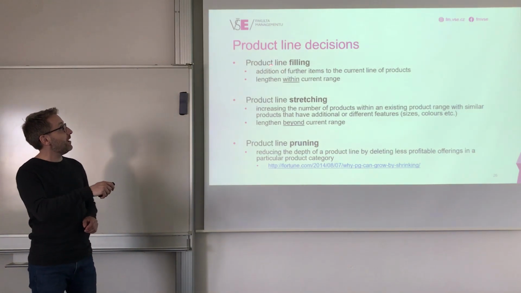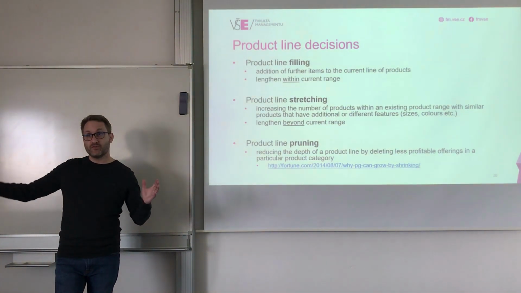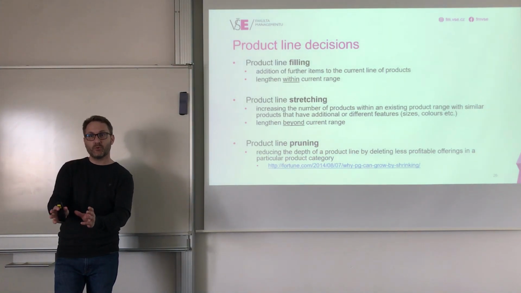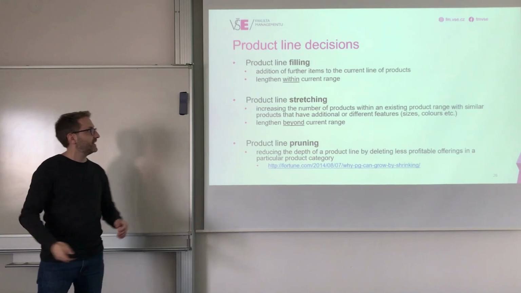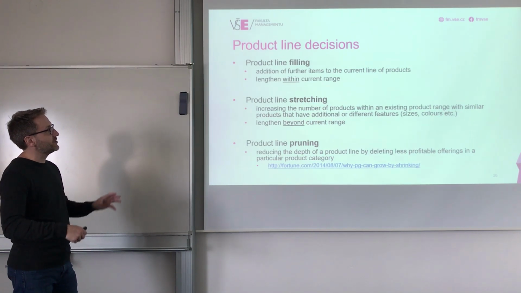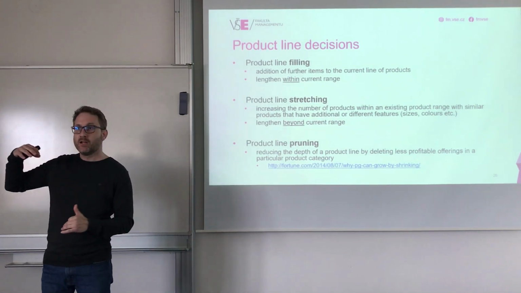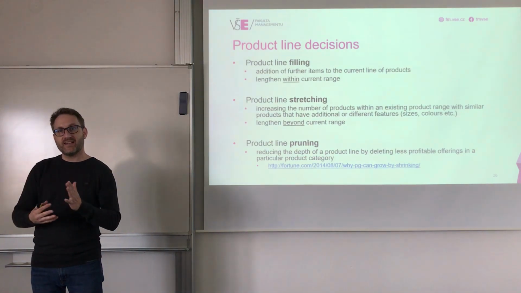Anyway, this is about filling the line. You are selling lots of kinds of beer, and you can create a new product and fill the gap in your line. Okay? Then you can have a product line stretching. You can stretch the range of the thing you already sell.